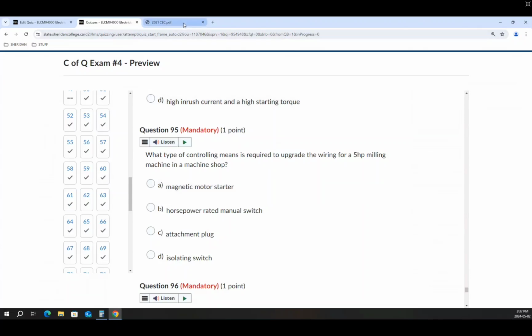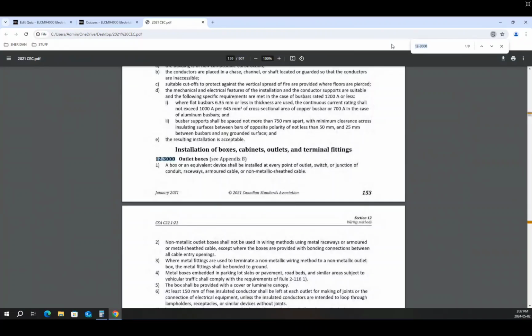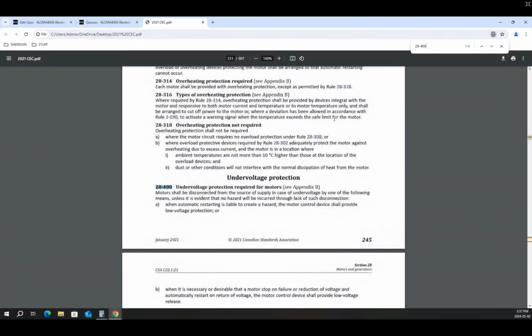I'm going to say a magnetic motor starter, but motor shall be disconnected.